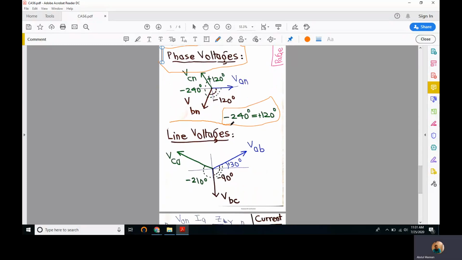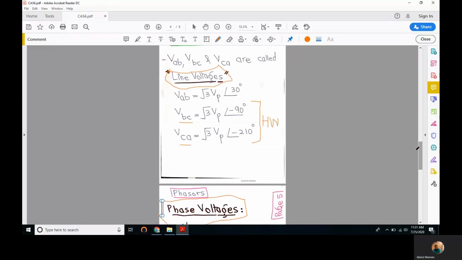Right. In a similar way, we can draw phasors for line voltages. VAB is at 30 degrees and is 1.7 times larger in magnitude compared to VAN. It's at 30 degrees. So VBC should be 120 lagging. 30 minus 120 is minus 90. And VCA should be further 120 lagging.